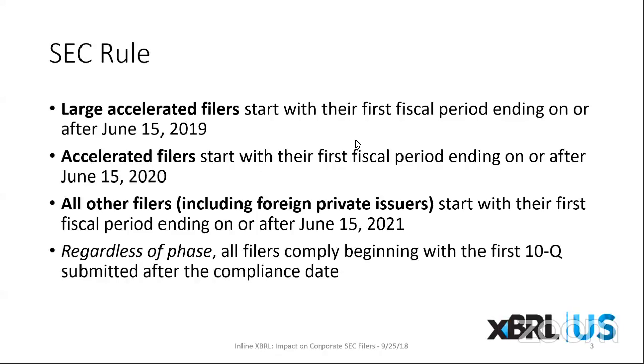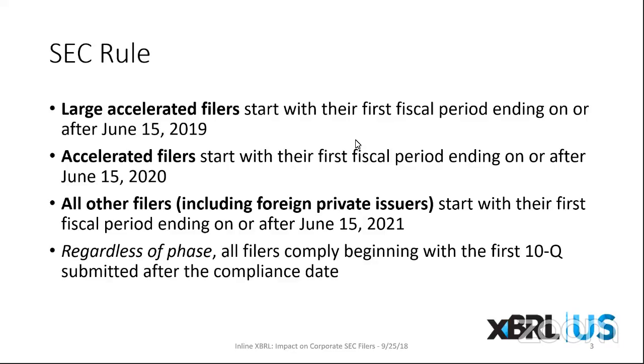Accelerated filers are required to begin filing using Inline XBRL with their first fiscal period ending on or after June 15th, 2020, and all other filers, including foreign private issuers, are required to begin using Inline XBRL with their first fiscal period ending on or after June 15th, 2021.